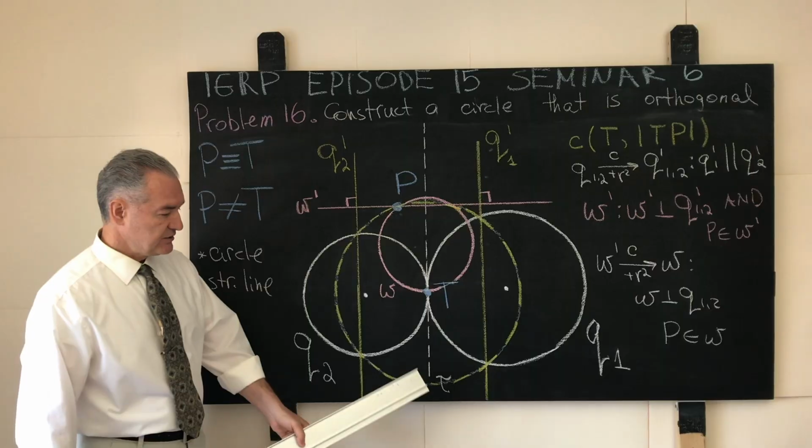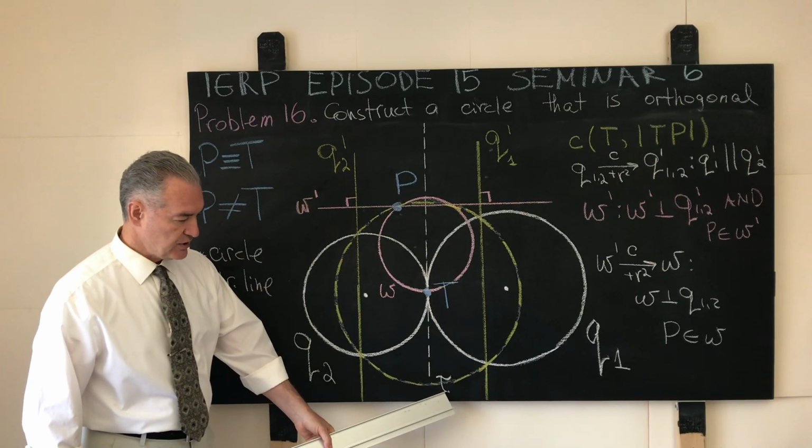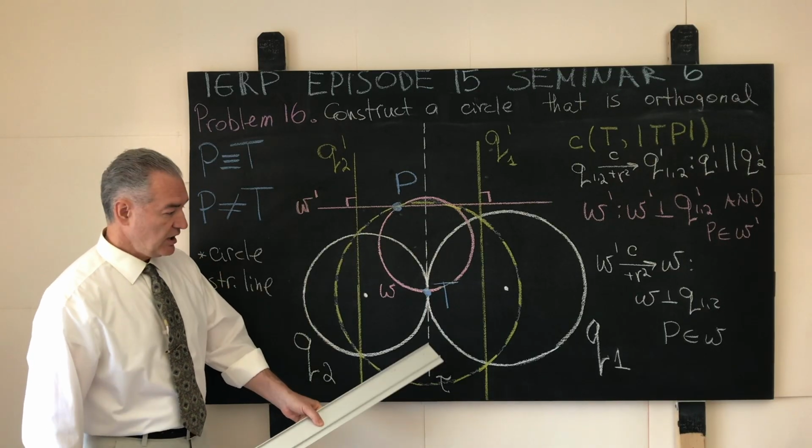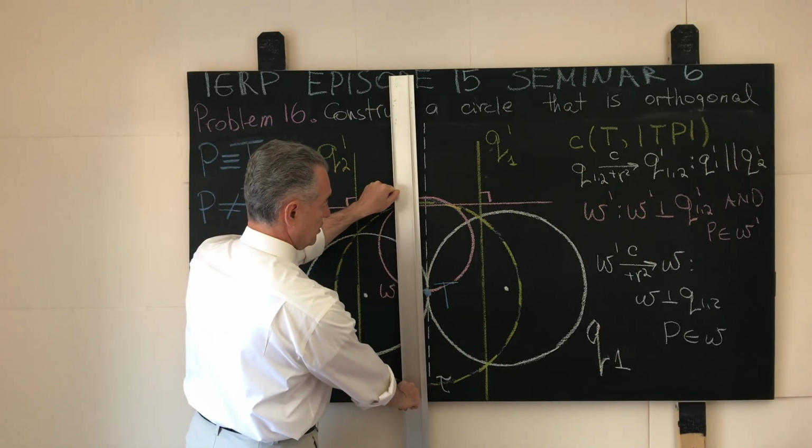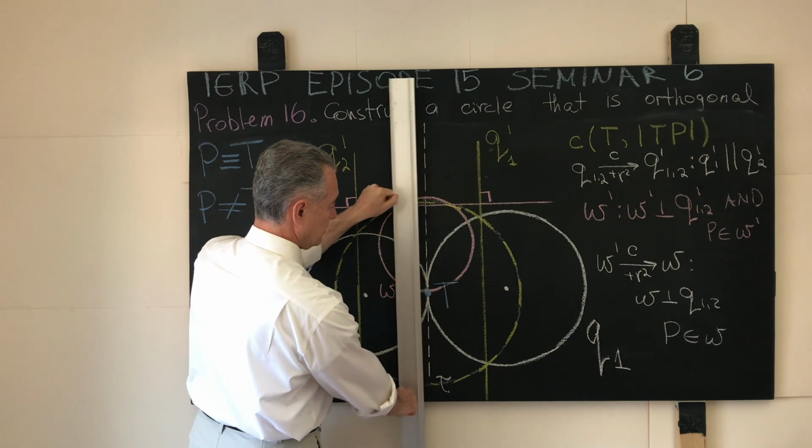I designated this one internal tangent with the lowercase tau, and it's shown in dashed line over here. This is the common internal tangent right here.